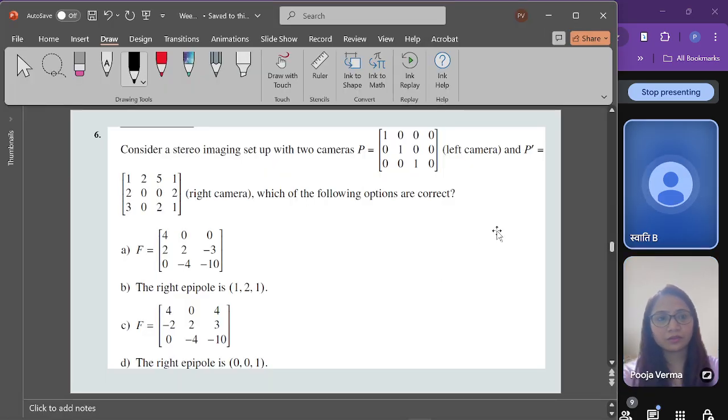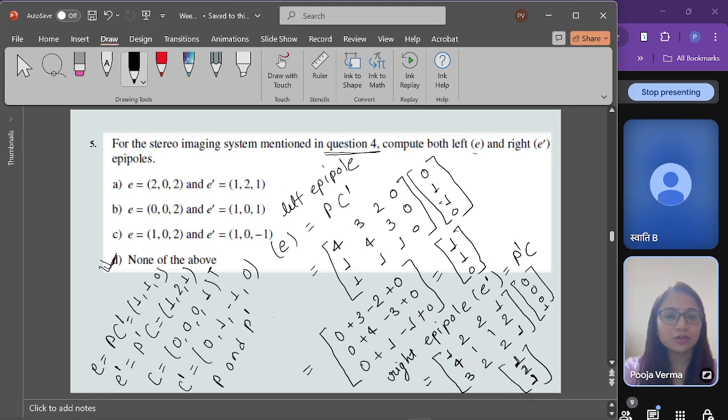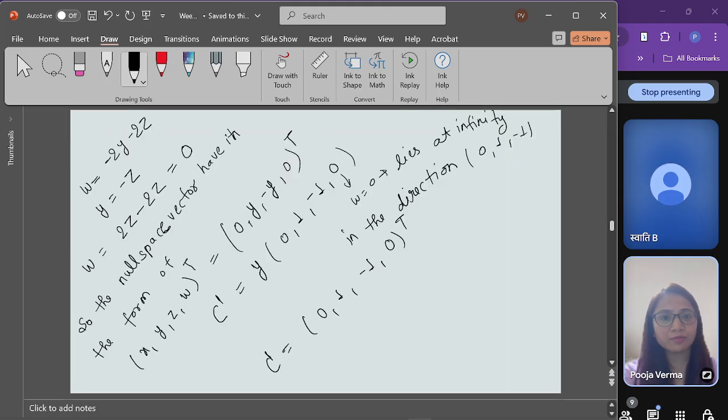Can you just go back to the previous slide? Here, how are these values derived, like 0, 1, minus 1 and 0? It is already given from the stereo imaging system mentioned in question 4. In question 4, we derived these values C and C dash.